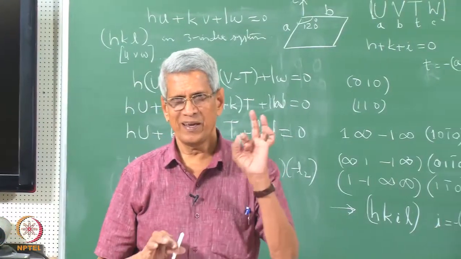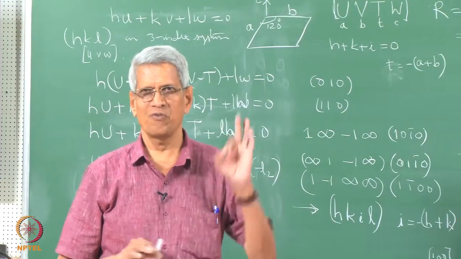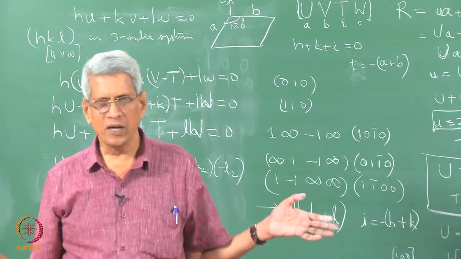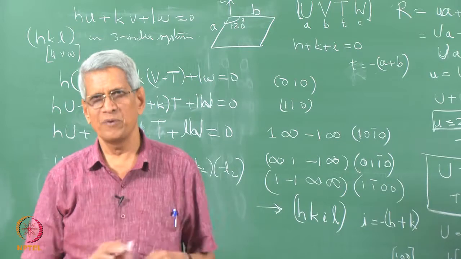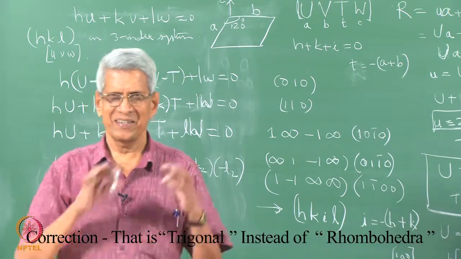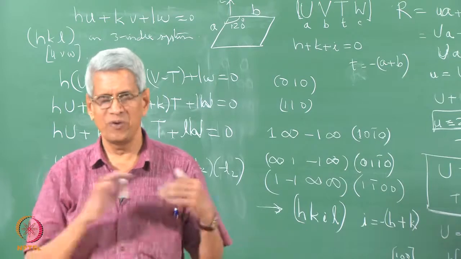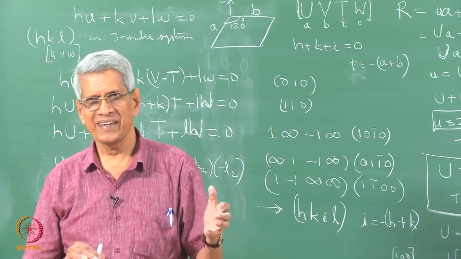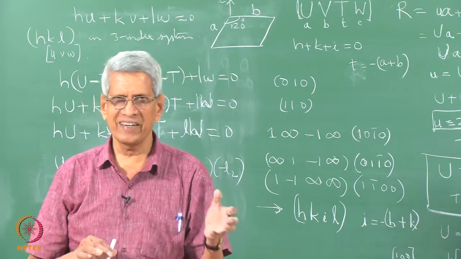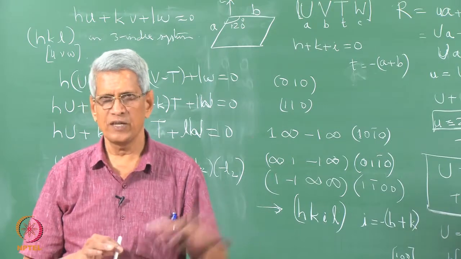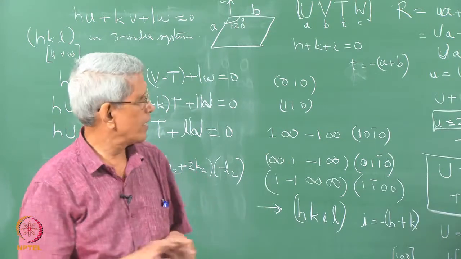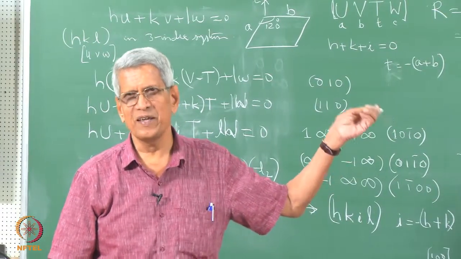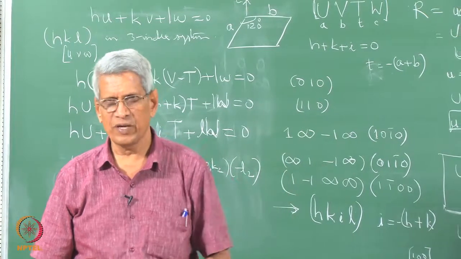Generally we use a unit cell which represents the full symmetry of the lattice. The best example is the cubic system: the primitive unit cell of the cubic system is trigonal, which does not represent the full symmetry. That is why we choose either a simple cubic, body centered or face centered unit cell to represent them. Here, for convenience, this is an orthogonal 3 index system with which one can work.